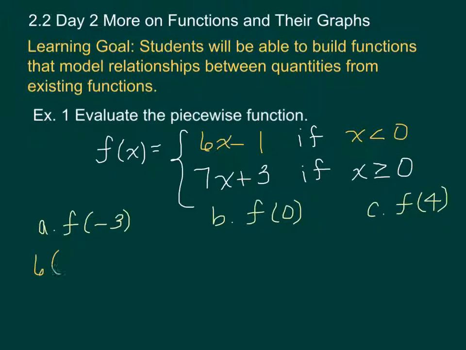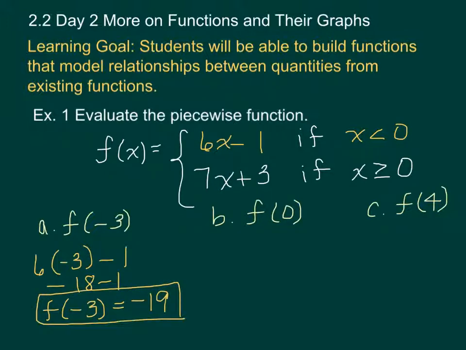And all you do is plug in the x value, and you get your answer, -18 minus 1. So f of -3 is equal to -19. So our input was -3, our output was -19.